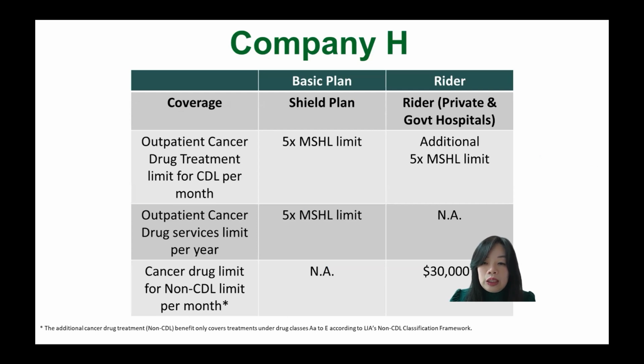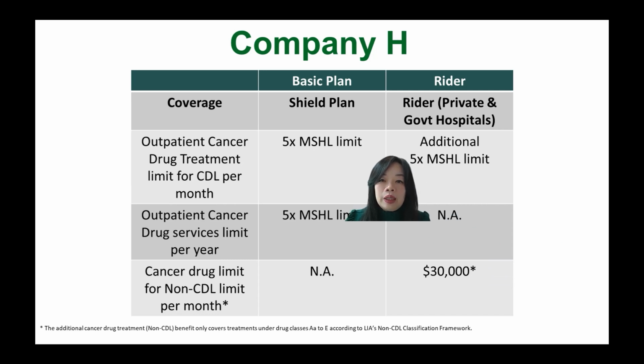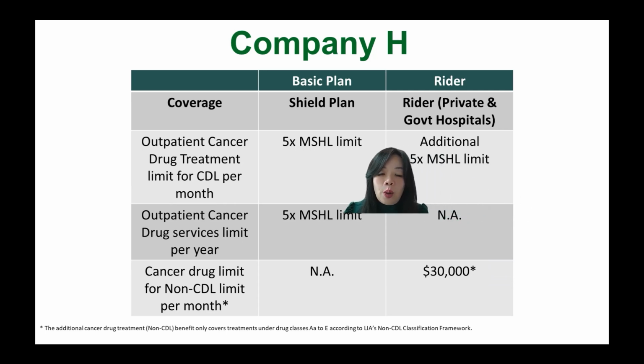Due to compliance issues, I will just name some companies by using a letter. For example, for company H, under the basic plan and the rider, so this person has both the basic plan and the rider, for outpatient cancer drug treatment the limit will be 5 times of the MediShield Life limit that you see on the MOH cancer drug list.